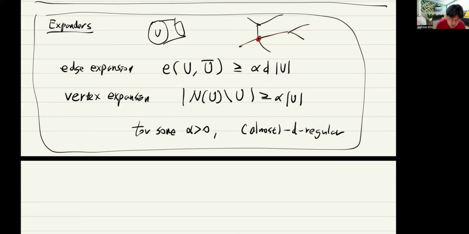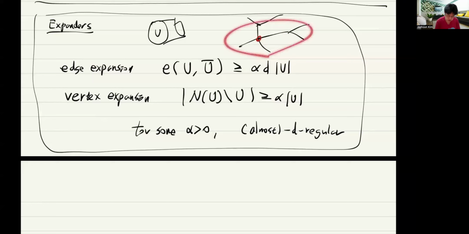That's your random walk, and then you see how the distribution converges to a stable limit. Usually, being an expander means it is fast mixing: in short time, the distribution of your location converges to the limit.